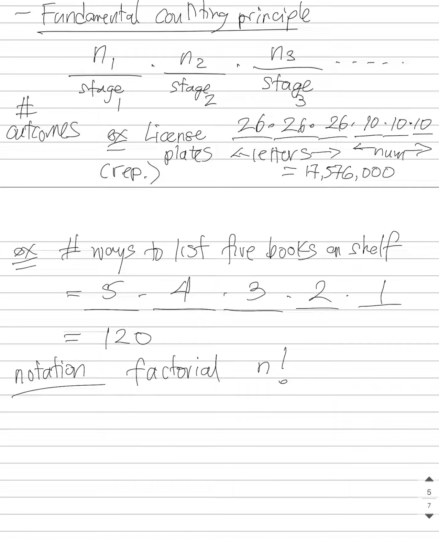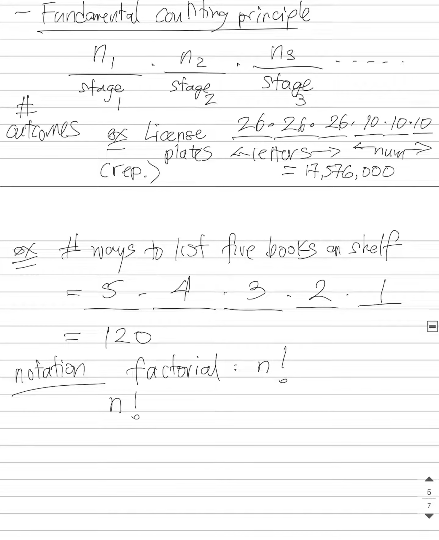Assuming that n is a positive integer, when you write n with an exclamation mark, that's known as n factorial. n factorial means start from 1, multiply it by 2, by 3, all the way up in jumps of 1 until you get to your number. In the previous example, we had 5 factorial. It was 5 times 4 times 3 times 2 times 1. And it doesn't really matter if you write it from 1 up or from the last number down.